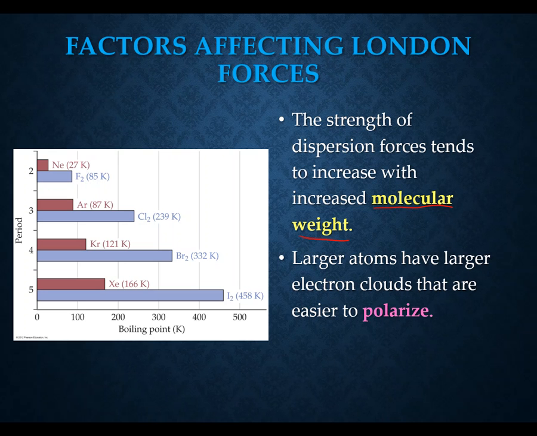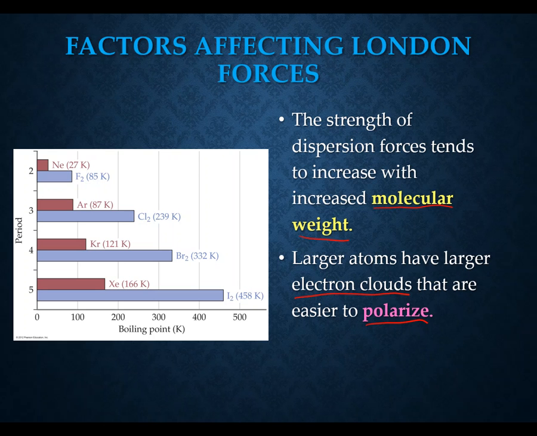If it's a heavier atom or a heavier molecule, that means it has more electrons that accompany the weight. And if you have more electrons, they have larger electron clouds, they have the capability of becoming polarized. And it's more polarizable, and you can create a bigger dipole if you have a bigger electron cloud that contains more electrons.